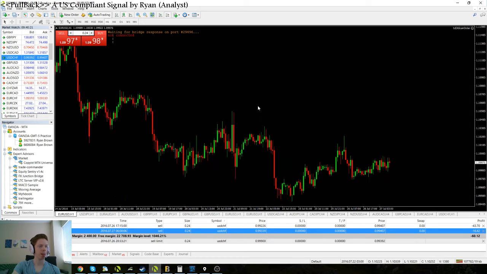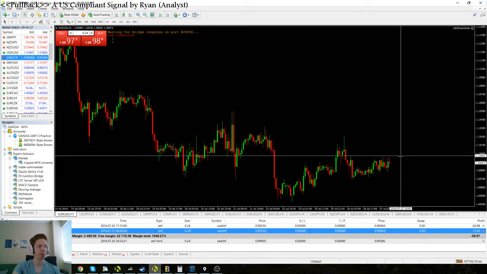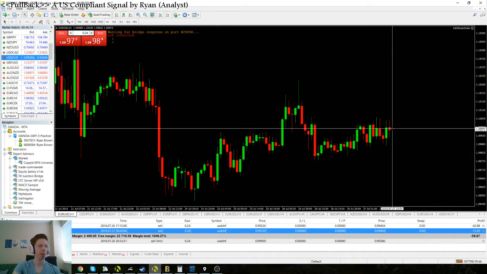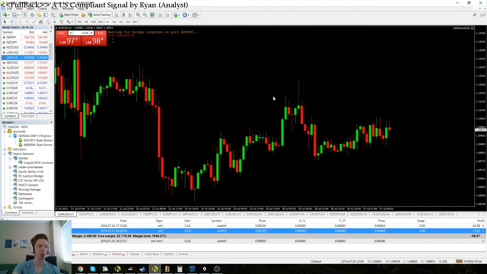So I mentioned a little bit about what's happening with the Euro US dollar. I'm thinking that during the course of the session, there won't be a lot of action going on. If there's any movement, it will be slightly up, but it's going to be mostly a ranging type of movement during the session.